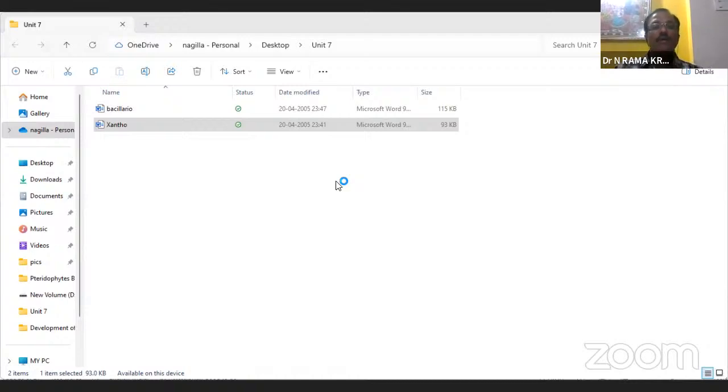Now you see here, we are going to discuss this clearly. Occurrence: yellow-green algae are almost all cosmopolitan in distribution. Compared to Chlorophyta, this is a much smaller group.